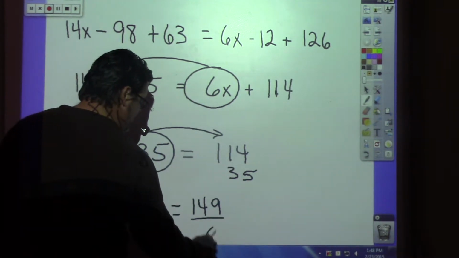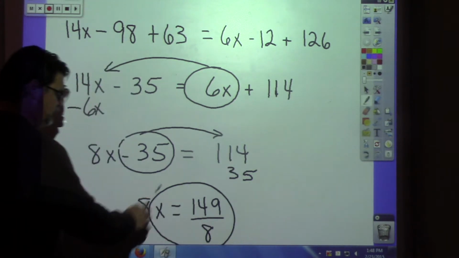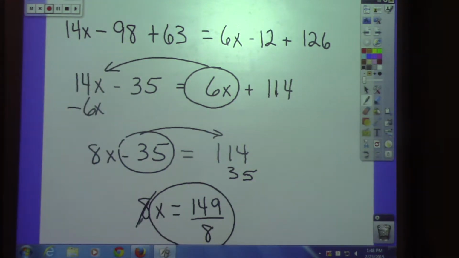And divide that by 8. x is equal to 149 over 8.